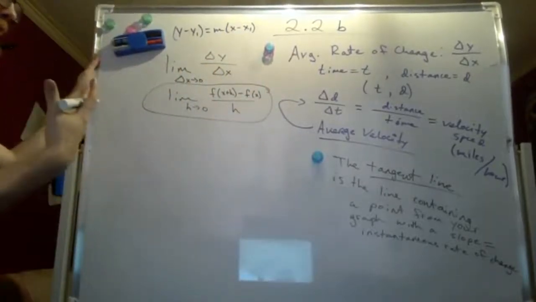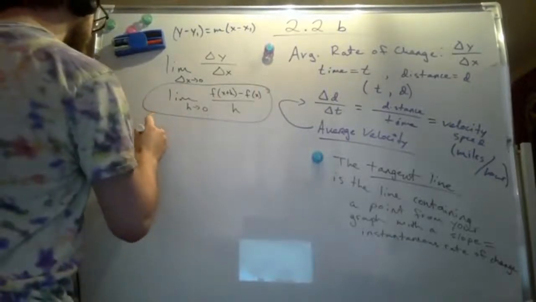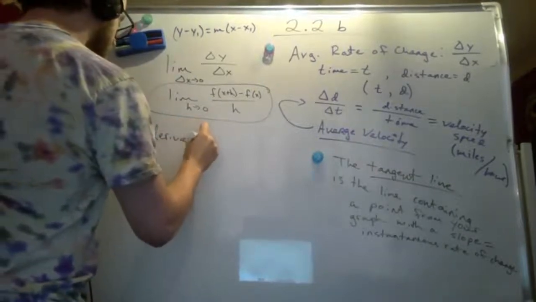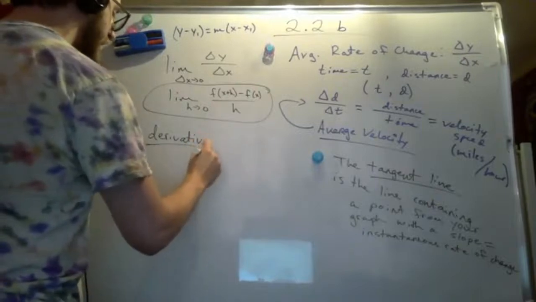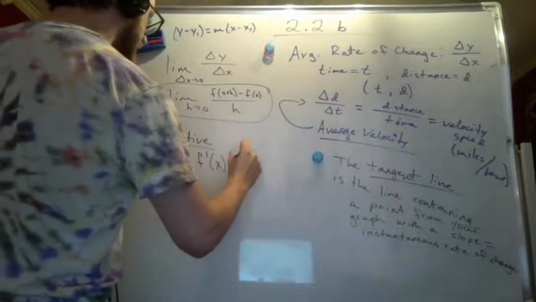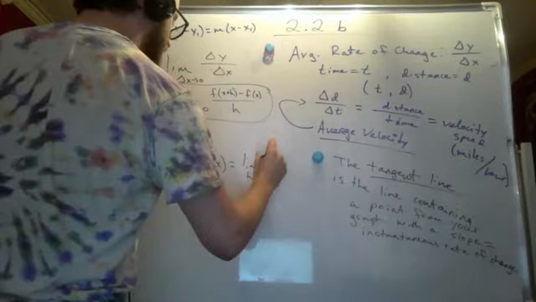for the slope, for the instantaneous rate of change, or in other words, the derivative, which we can write as f prime of x equals the limit as h goes to 0.